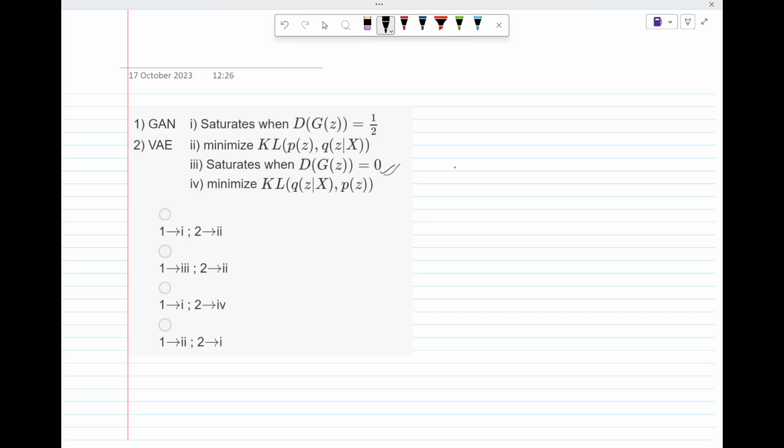That means D is doing a good job, but G is not really doing a good job because G is not able to fool the discriminator. So this is not ideally when the model should saturate.